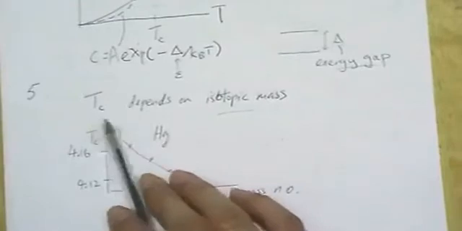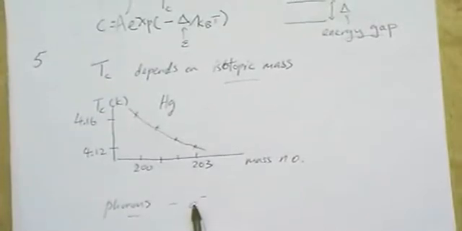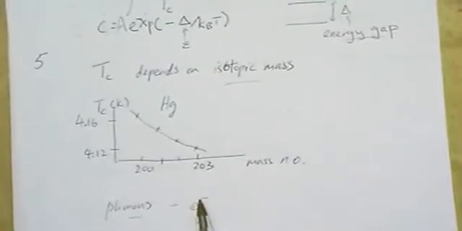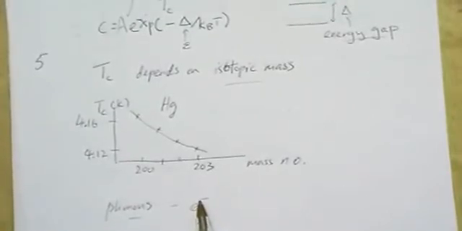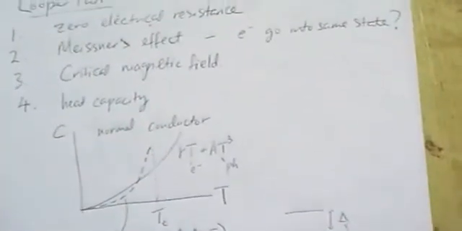The last one is about this dependence of the Tc on isotopic mass, and that led to the idea that movements of the atoms somehow contribute to the superconducting property. So with this idea, we have worked out some details for the Cooper pair. Now from this idea, let's move backwards, back up the list.